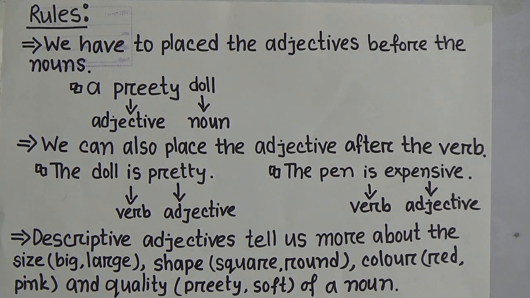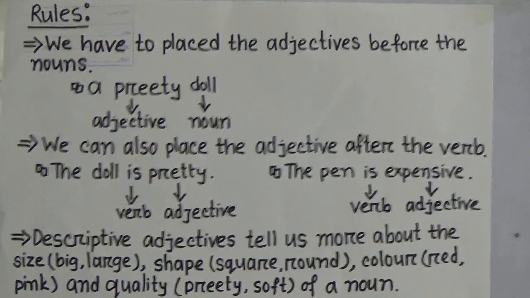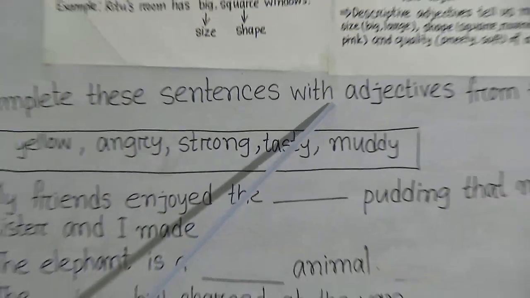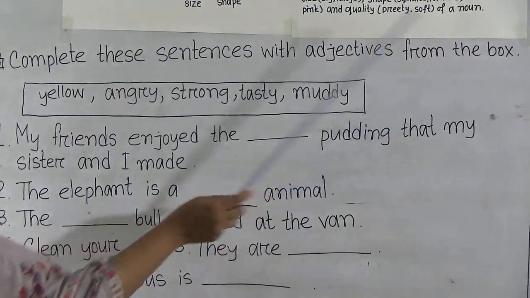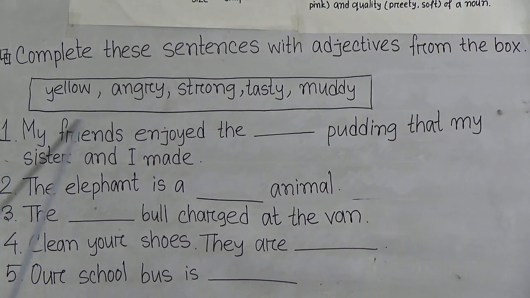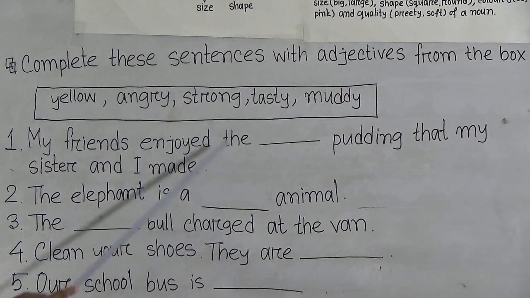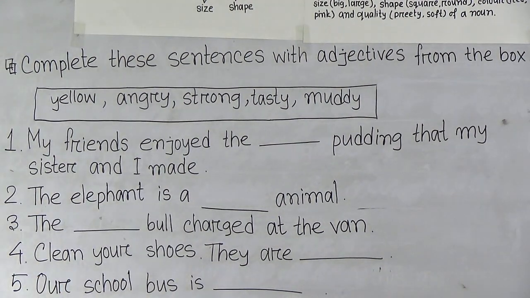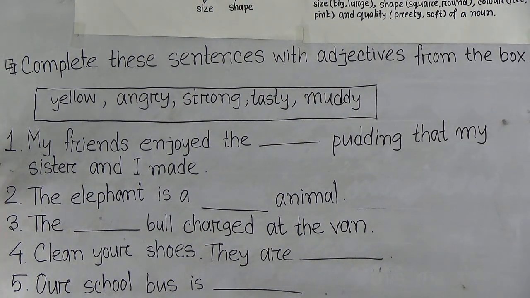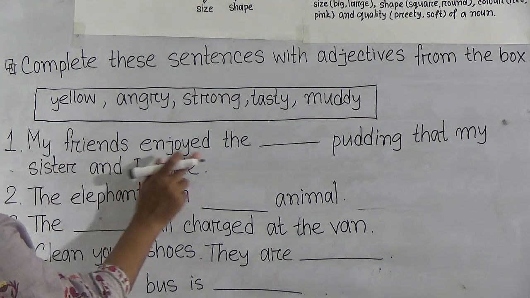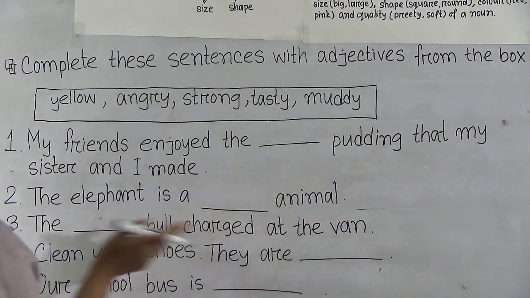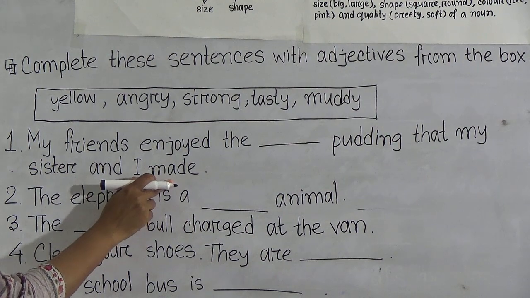Now we'll do some exercises. Complete these sentences with adjectives from the box. Students, in your exam, you will find some words in a box and you have to fill the gaps with these words. Number 1, my friends enjoyed the dash pudding that my sister and I made.